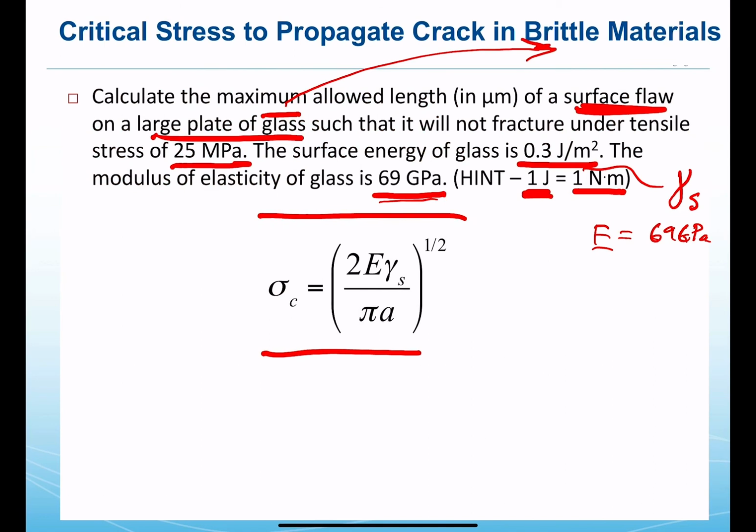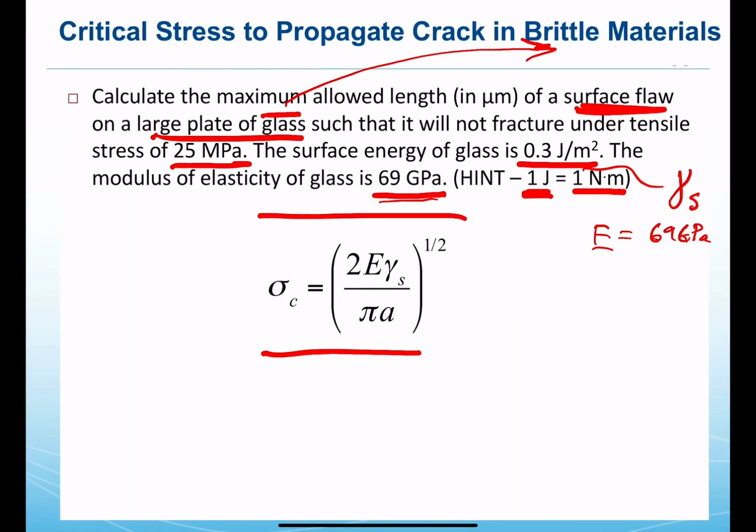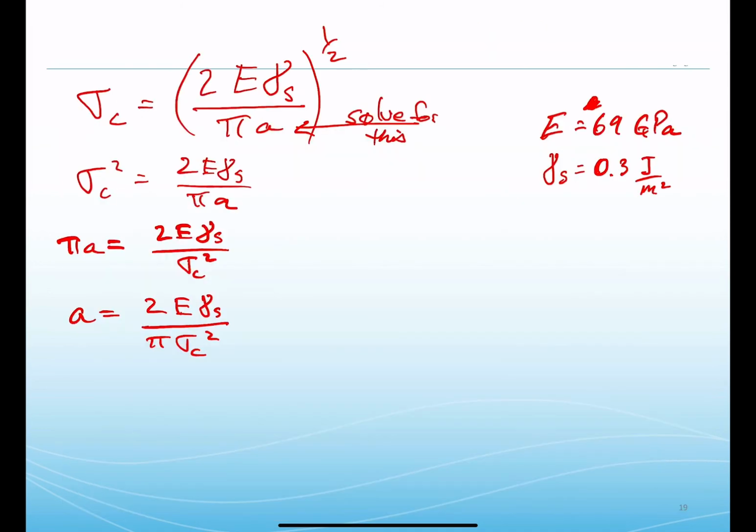And we were also told that we had 0.3 joules per meter squared as the surface energy sigma S. And we were given a hint that 1 joule is equal to a Newton meter. So let's see what happens if we put in the Newton meters here. So 0.3 Newton meters divided by meters squared.